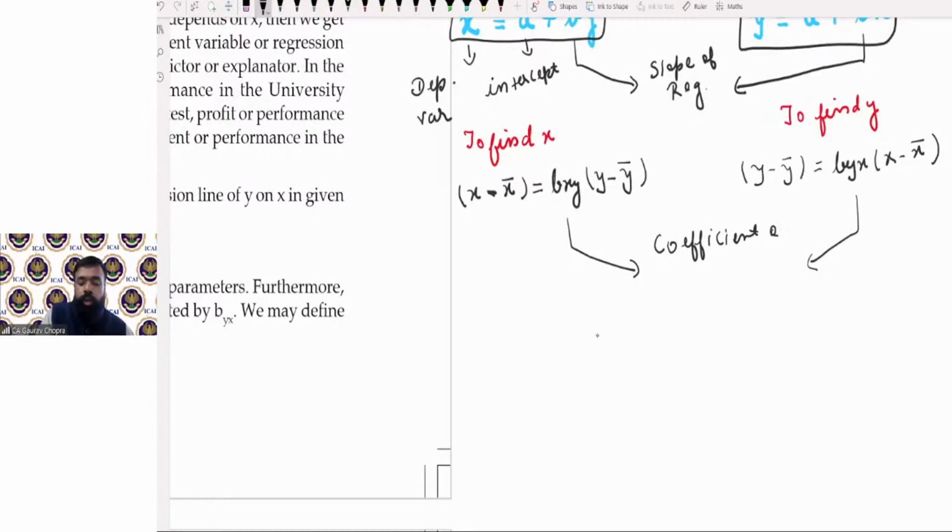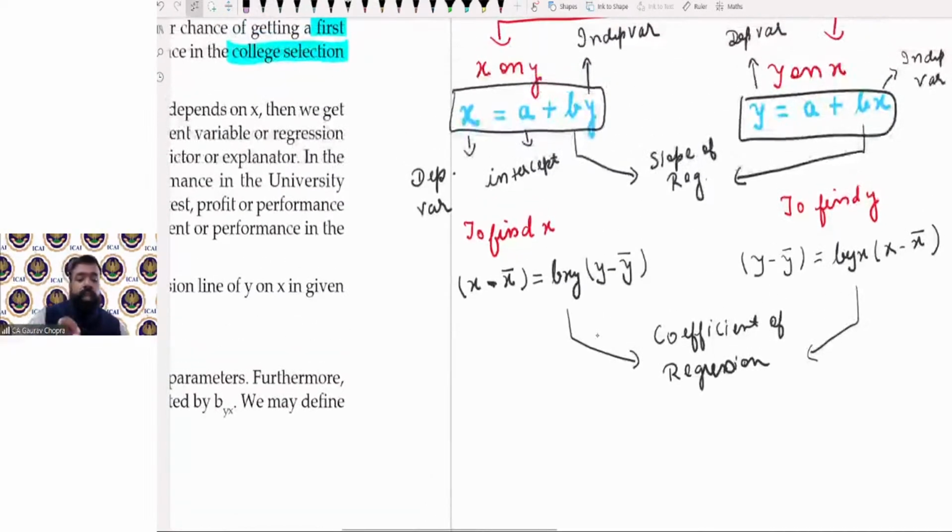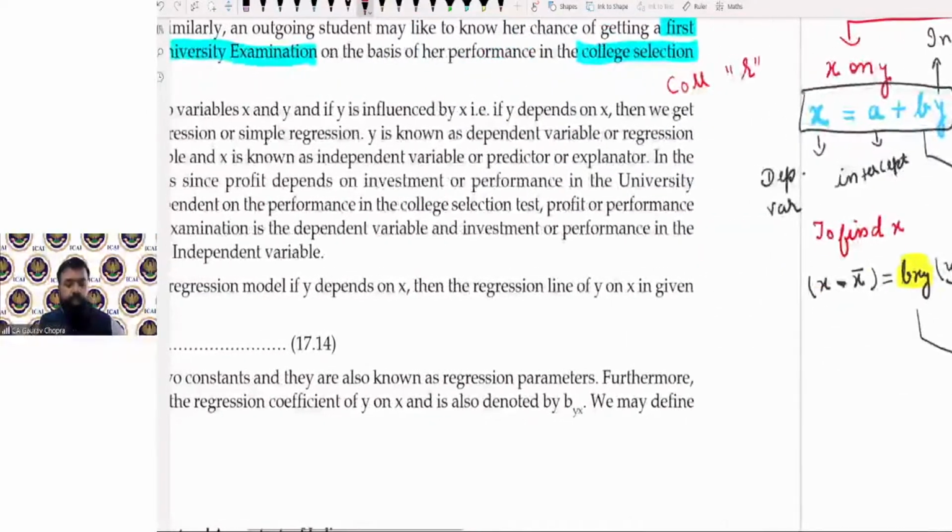Both of these are the coefficients of regression. The coefficient of x on y is bxy and the coefficient of y on x is byx. In correlation there was a single coefficient r, but in regression there are two coefficients, one is bxy and the second one is byx. Okay, understood till here everyone?